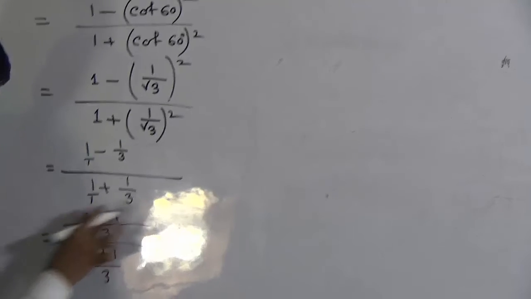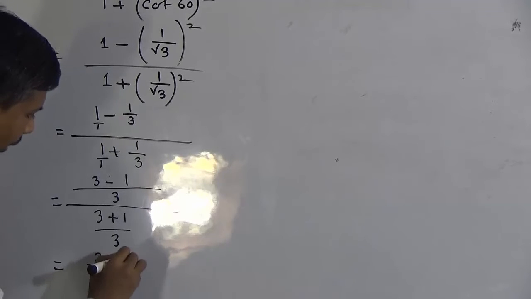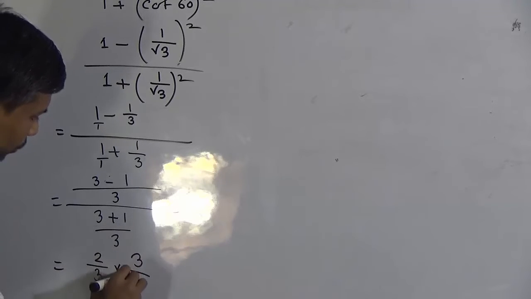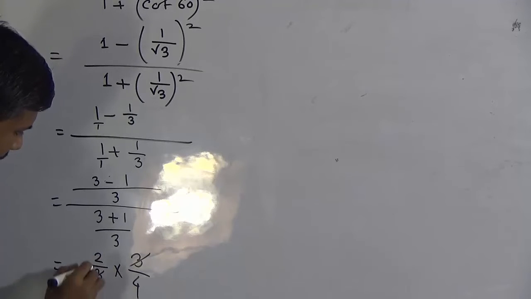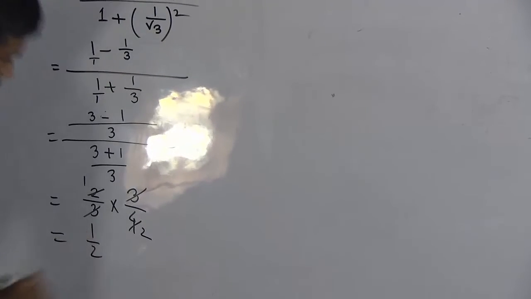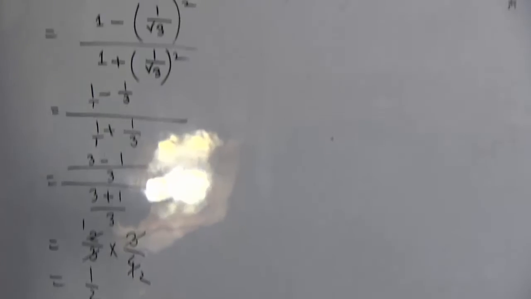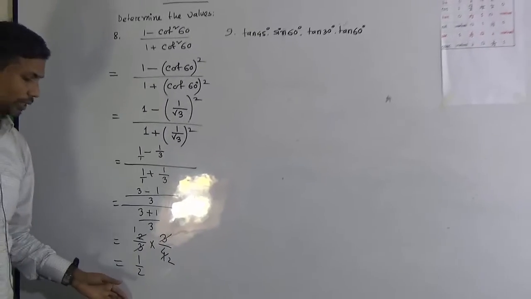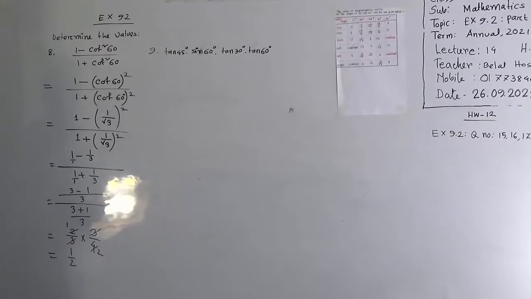Then this is equal to 3 minus 1 equal to 2, 2 by 3, then 3 by 3 plus 1, 4. 3 vanish, then you get 1 by 2. Okay? That means the value of 1 minus cot square 60 degree by 1 plus cot square 60 degree equal to 1 by 2. Okay, student? And this is the result.